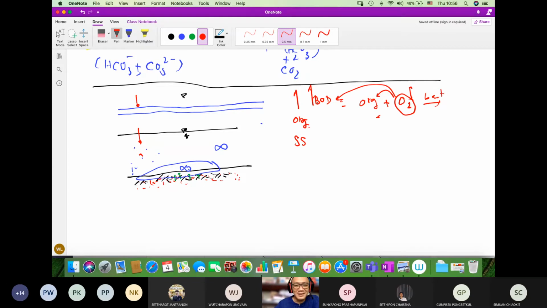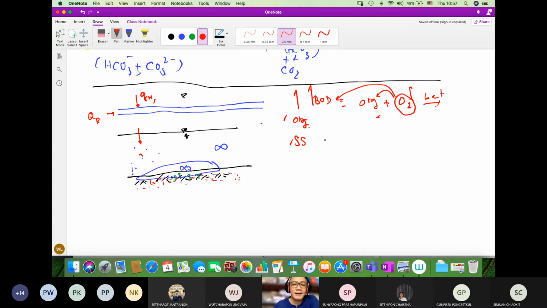Okay, so the wastewater is discharged into this river with the flow rate QW. This is the flow rate of the river, denoted as QR. So the wastewater contains some organic substance and some suspended solids.